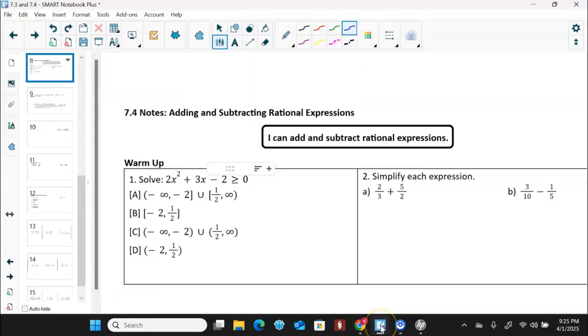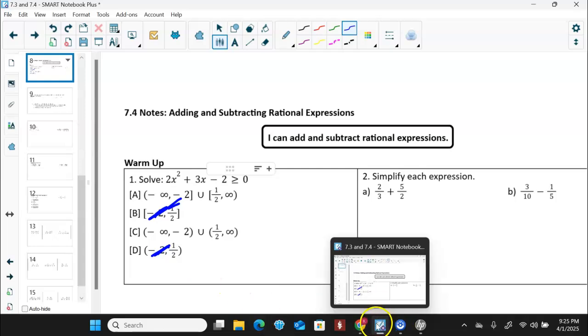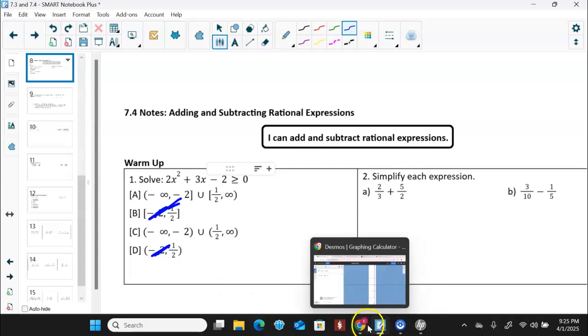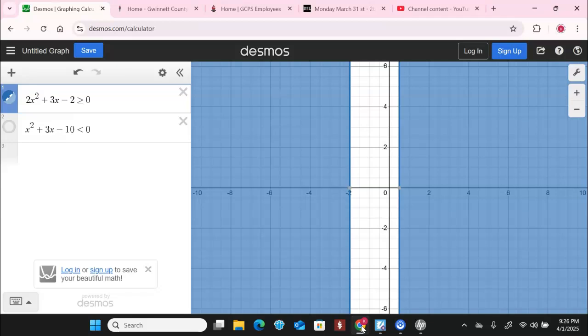So that means two answers, so not B and not D. That's one answer, in between. Two answers, because we got two places that it's colored. We got it right here, and we got it right here. And the brackets are going to be closed because we have a solid line and an equal sign.